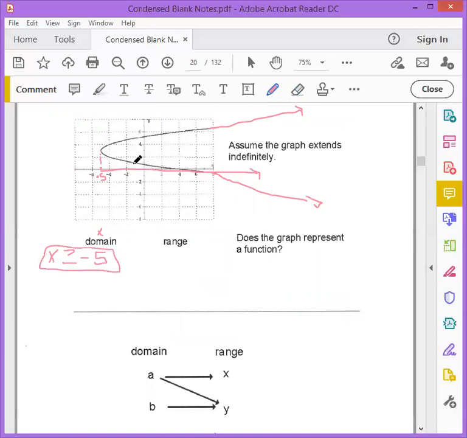Now our range, the possible y coordinates. Look, we have 0 in there, and then the graph continues to grow. So it could be any number along the y-axis. We would say all real numbers for the range.